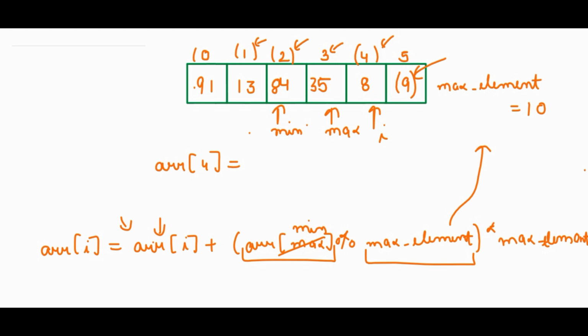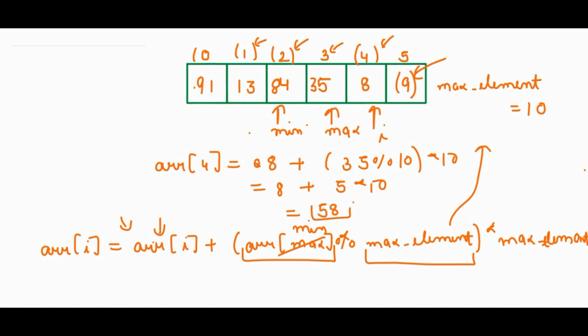So array of 4 will be array of 4, which is 8, plus, we need max, so we will need 35 modulus 10 into 10. So it will be 8 plus 5 into 10. It will be equal to 58. So here we will have 58.